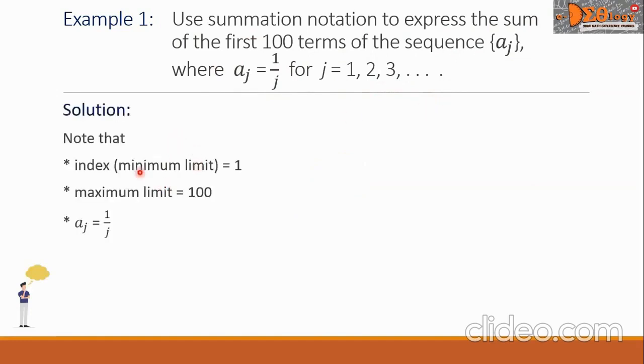We take note that the index or the minimum limit equals 1. The maximum limit equals 100. And the a sub j equals 1 over j. So our answer here is summation of 1 over j from j equals 1 up to 100.